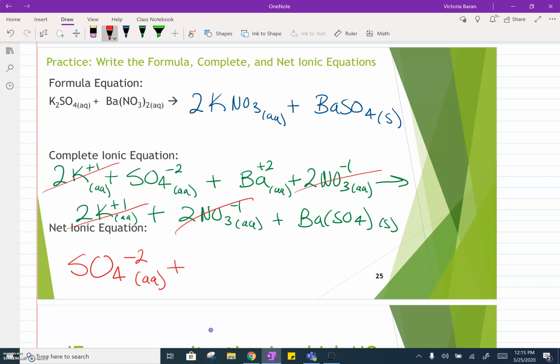So there's the SO4 plus the Ba, which is +2, will give you BaSO4, okay? If you want to write in parentheses, you can, but you don't have to. I did it right here, but you don't have to do that. And then S for solid, okay? So the net ionic equation is showing you the only things that were involved in that chemical reaction, okay?